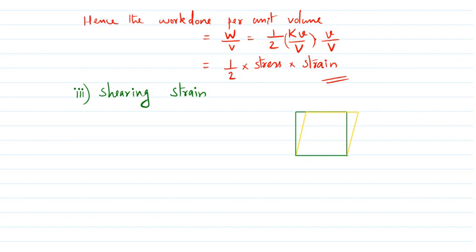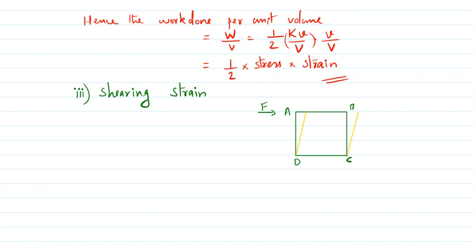So I will now write the faces of this cube. The green cube is the original cube, and here it will be A, B, C and D. So the face ABCD you can see here, and when we apply some force on the upper side, there is some tilting happening on the upper side only.